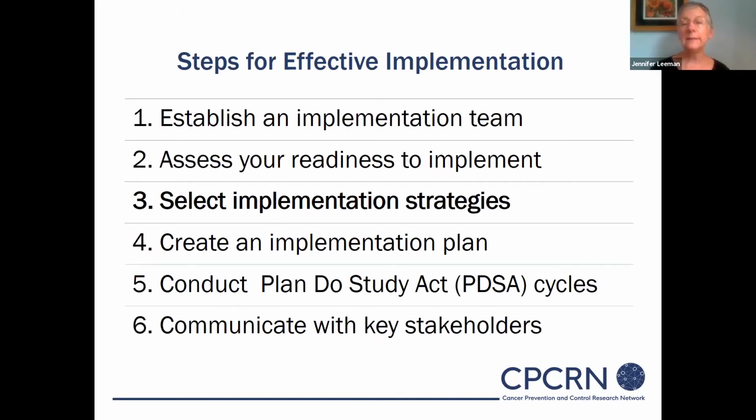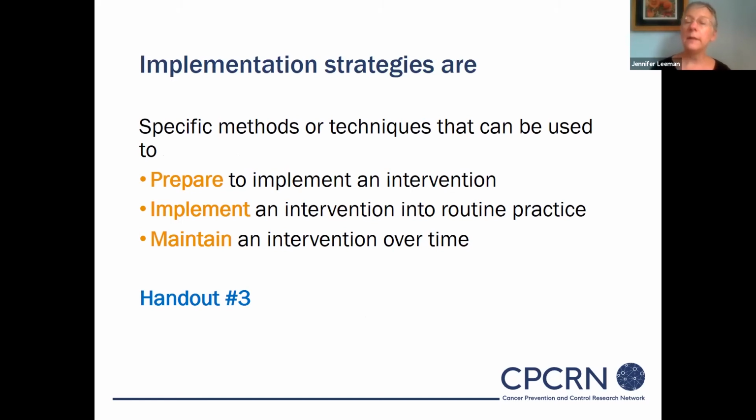So the next step for effective implementation is to select implementation strategies. Implementation strategies is a fancy term that's used in implementation science for specific methods that can be used to prepare to implement an intervention into routine practice, and maintain an intervention over time.